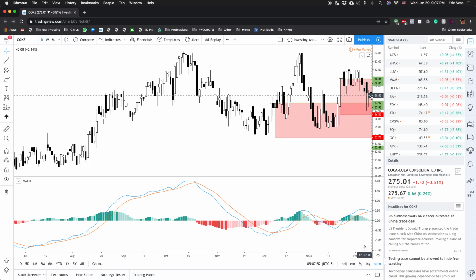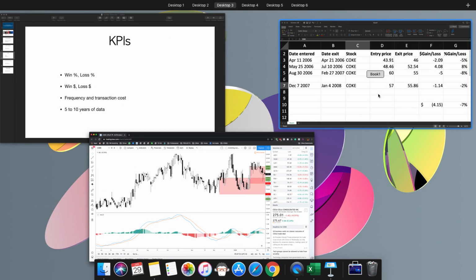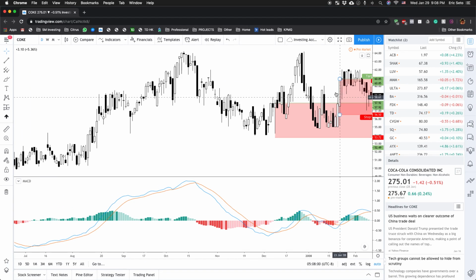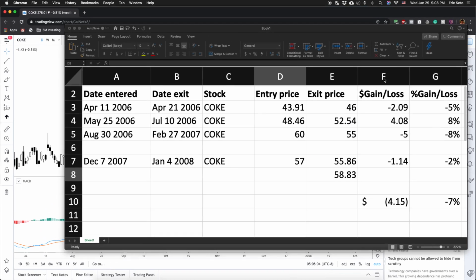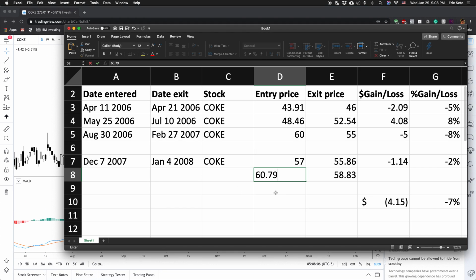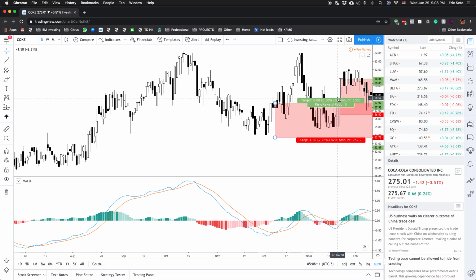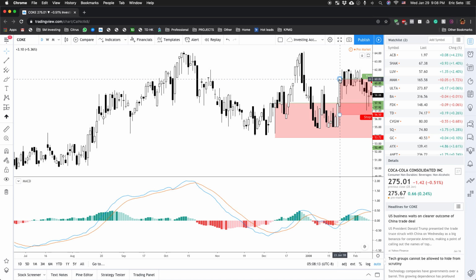of 58.83. So in this case, let me type it, fill this back out. So you can see that using crossover, I'm actually losing money. 60.79. Okay, and then this time, my entry date is actually January 23rd, 2008.